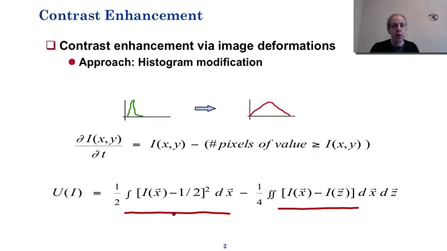Now, there is also part of your game. You can say, hey, I'm going to just ask for this contrast in certain regions of the image. So you can do the integral only for certain regions of the image. Or you can say, I'm going to ask for this contrast only for certain ranges of pixel values.